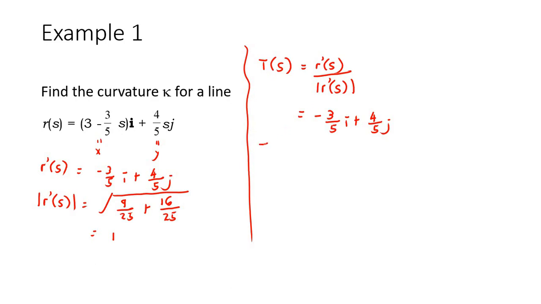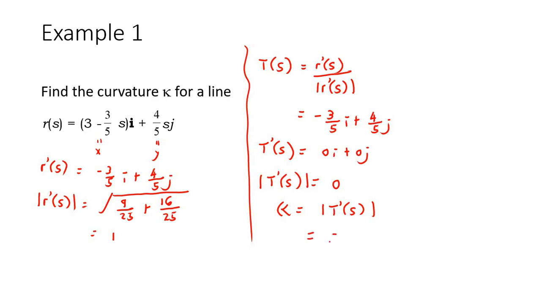Then we find T prime s. T is constant with respect to the parameter s, so T prime s will have 0 i plus 0 j. The magnitude of T prime s is 0, and that is why kappa, the magnitude of T prime s, equals 0.